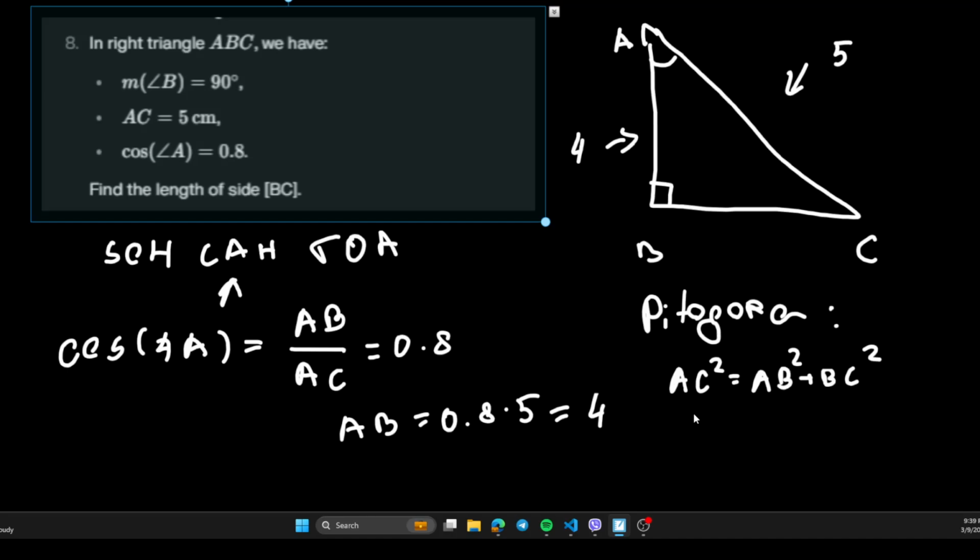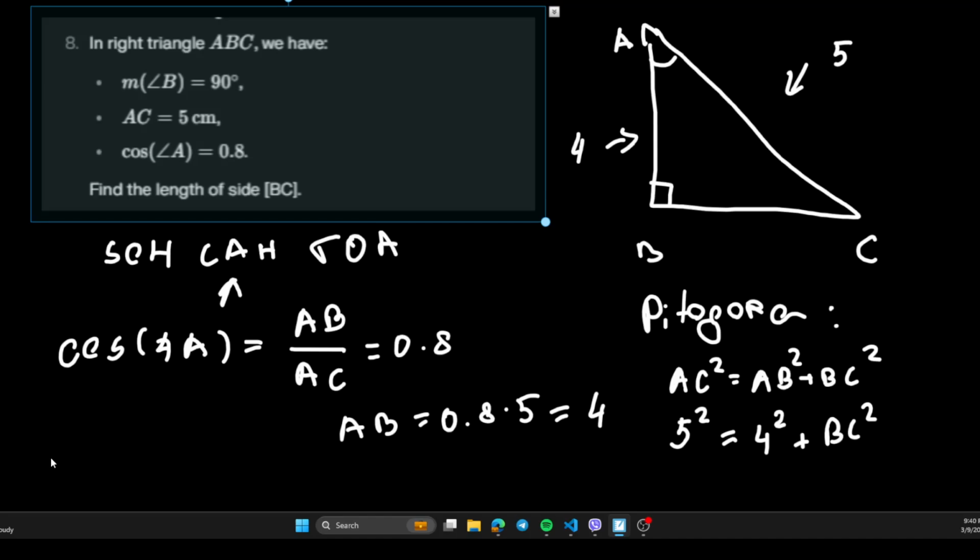We have AC is 5, so 5 to the power of 2 equals 4 to the power of 2 plus BC squared. Oh, we're solving for BC, okay.